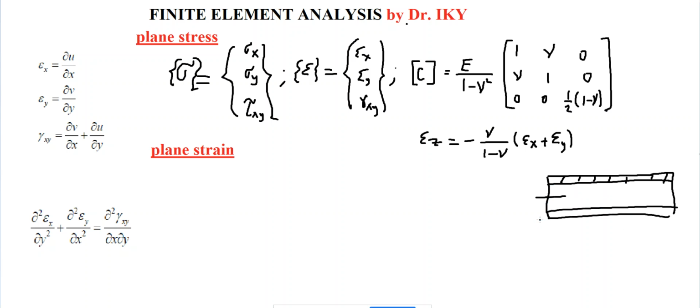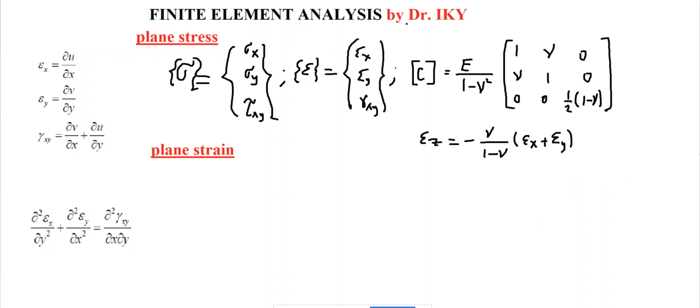Let me clear this. Plane strain model. Let me write the equation. The equations here are the same. So sigma x, sigma y, tau xy. These are just because of the simple model I'm talking about here.